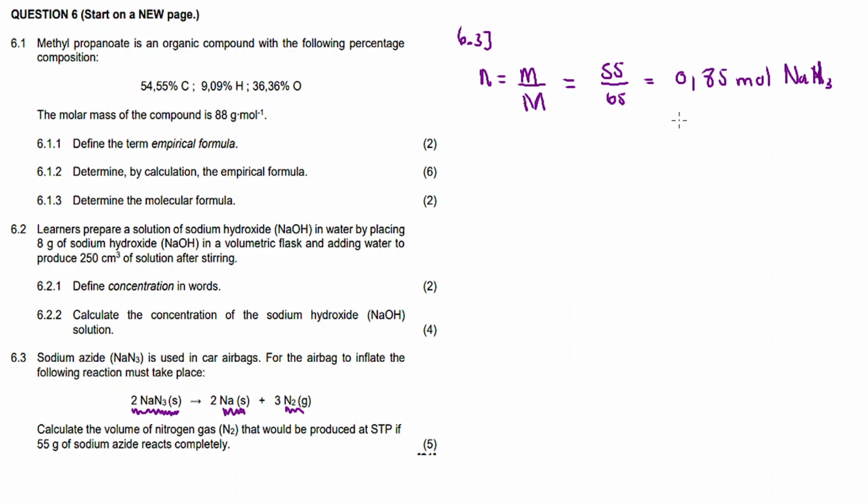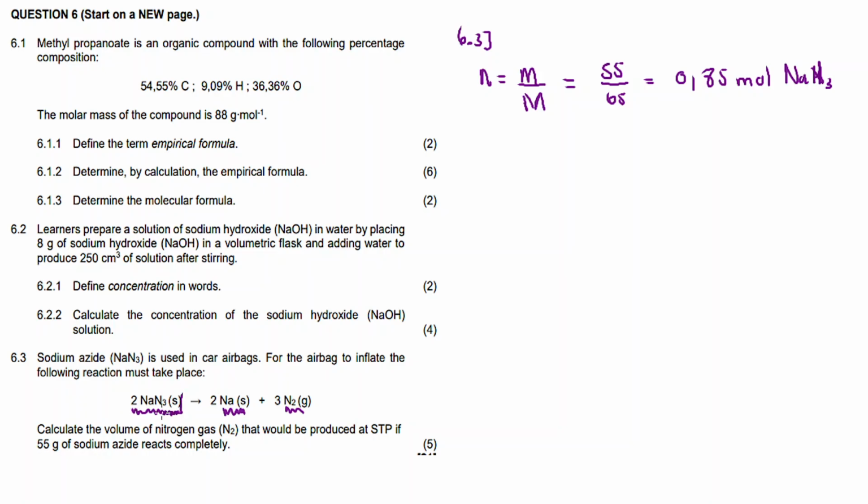Before you can perform any stoichiometric calculations, you need to make sure that all your masses are changed to moles. Stoichiometric calculations can only be done with moles, not masses. Alright, okay. We also have a chemical reaction, right?